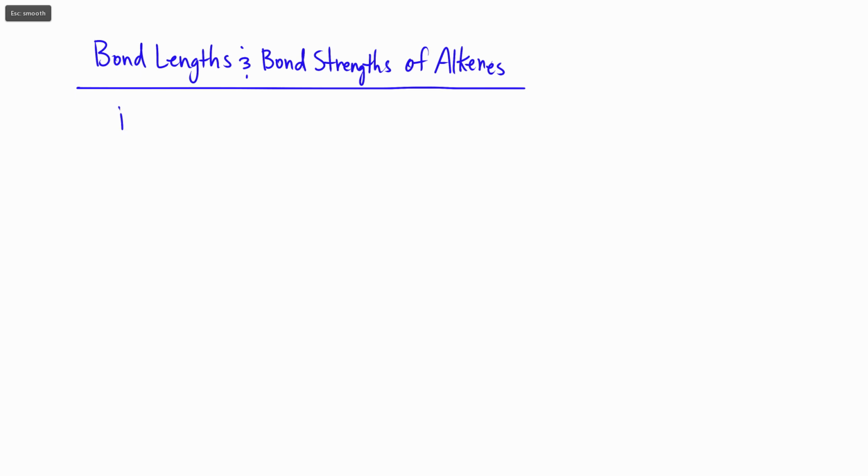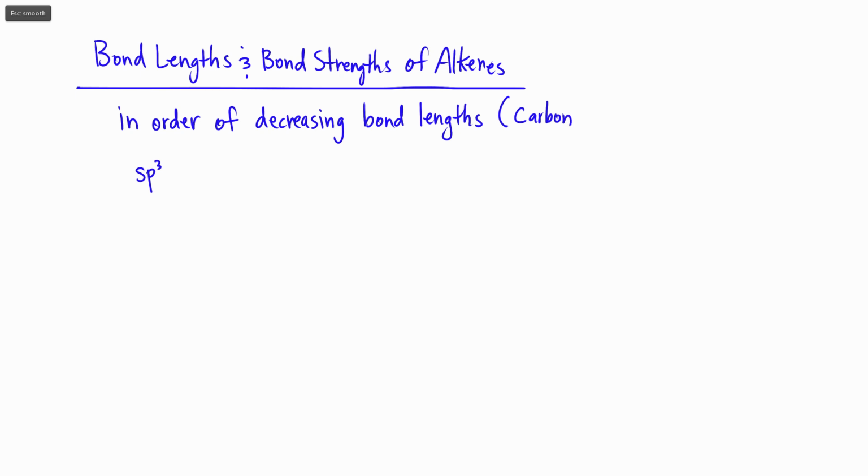Now, if we put in order of decreasing bond lengths, and this is relative for carbon bonds, an sp3 carbon-carbon bond is going to be longer than an sp2, which is going to be longer than an sp.